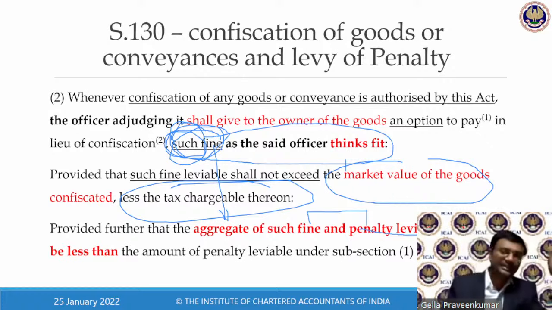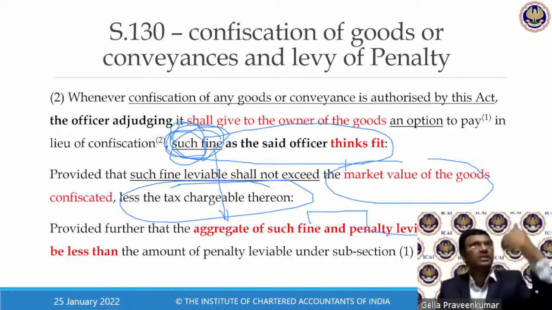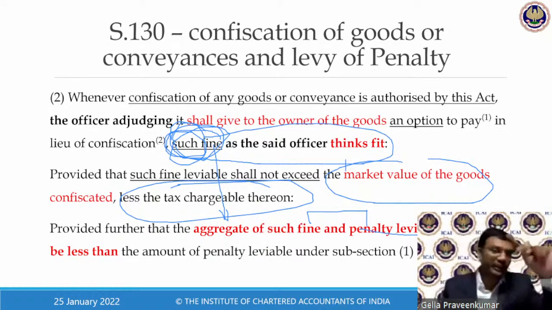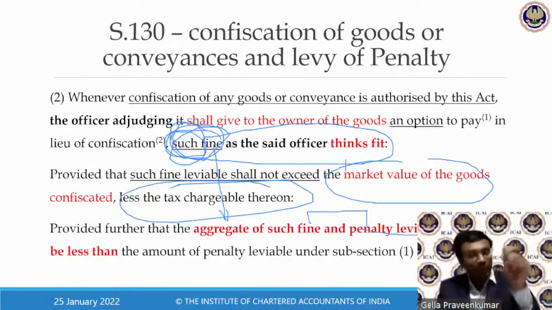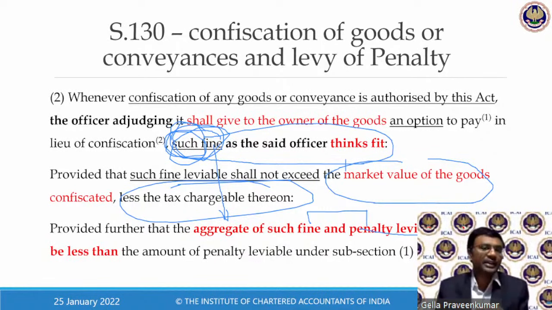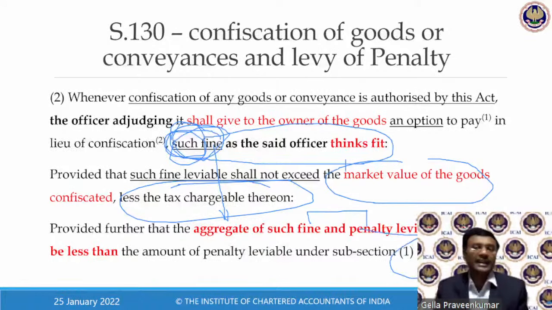We have seen just now section 129, your penalty equivalent to 100% of tax or 50% of the value of the goods. So whatever under 129 you are going to levy, please ensure that whenever there is a confiscation, your fine, which is nothing but the market value of the goods, and a penalty which is under section 122, both of these should not be less than the penalty under 129.